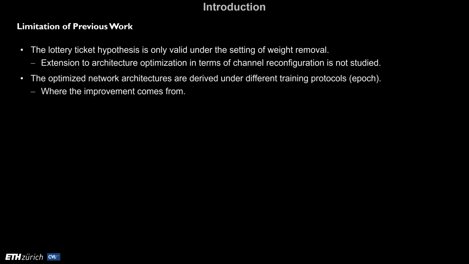Secondly, the optimized network architectures are derived under different training epochs, which usually means much longer training epochs. So under this setting, it is questionable where the final improvement comes from. And thirdly, the previous methods are derived for smaller datasets, and we want to investigate larger datasets such as ImageNet.